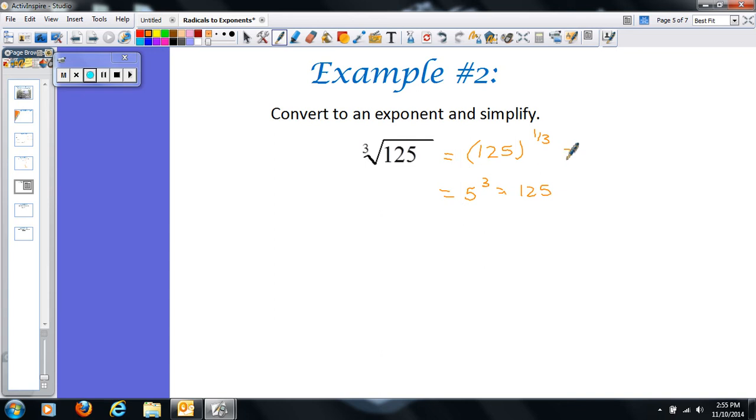So this will equal 5. Okay, so it's kind of like a square root. For example, if you take the number 64 and you take the square root, that's the same thing as 64 to the 1/2, which is going to be 8. And 8 squared is 64. So it's kind of like taking the reciprocal of this, okay?